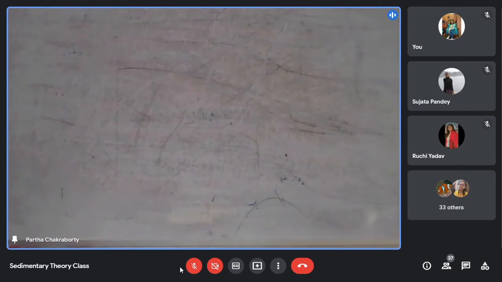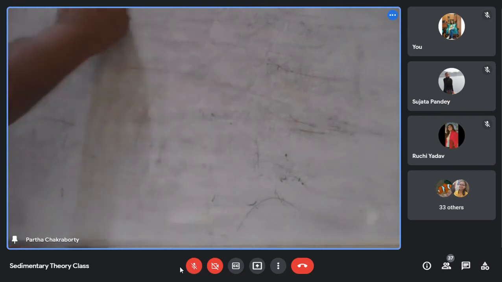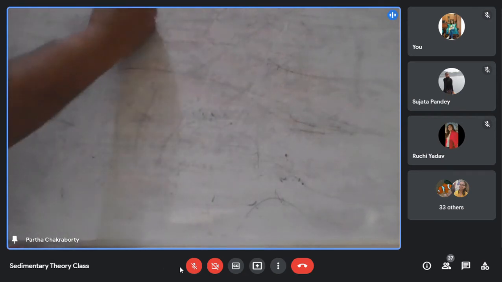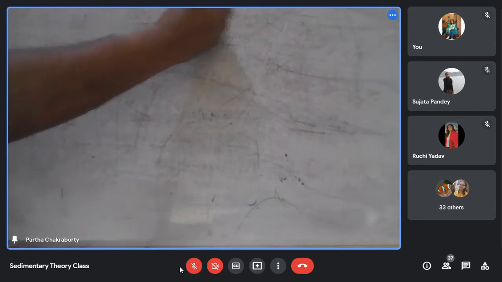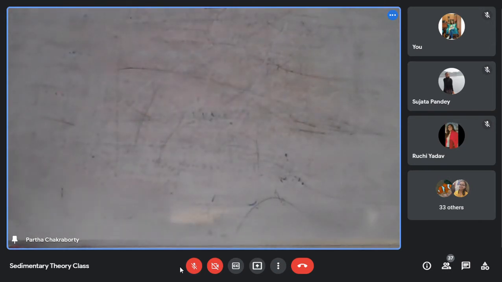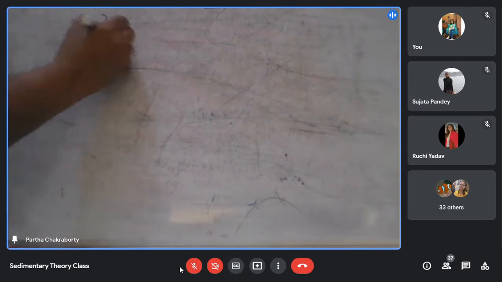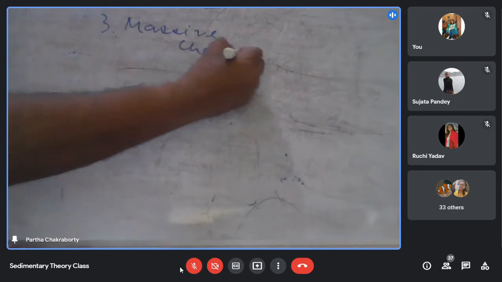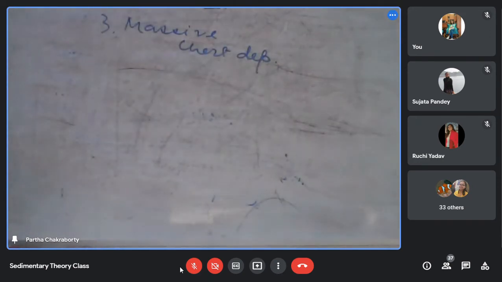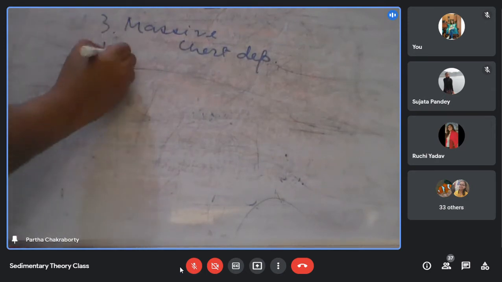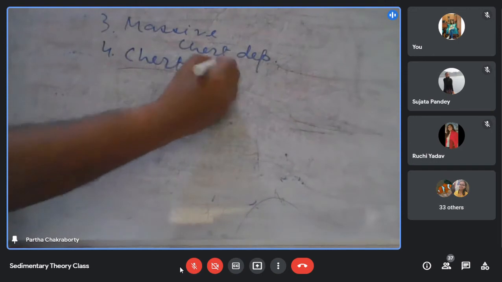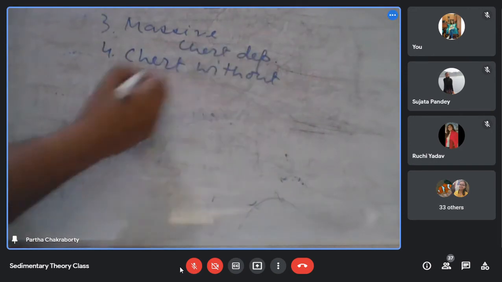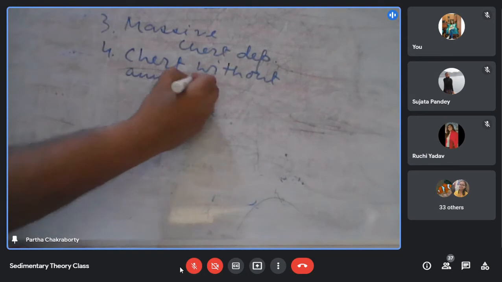The beds can be of different thickness. Number 2, nodular silica. Number 3, massive chert deposit. Number 4, chert without any organic signature.